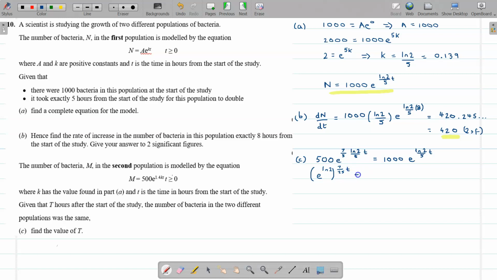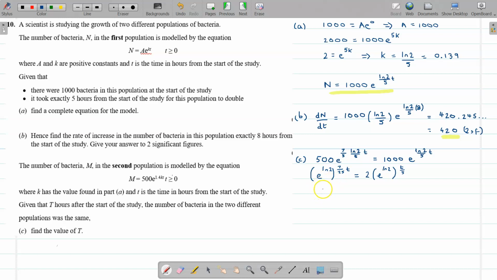And that has to equal 2 times, and I'll do the same thing there, e to the power of log 2, and that's now raised to the power of just 1/5 of t, or t over 5, like that, you see. Now I can remove the log and the e.